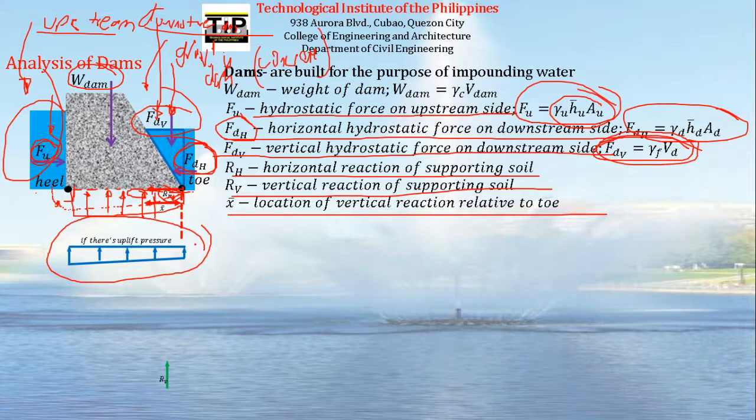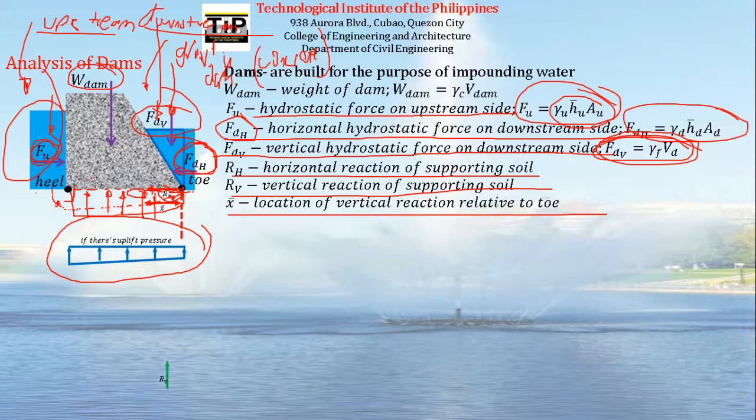So we also consider that in our calculation because some of the dams in the past failed because of this uplift pressure. They did not consider it in their calculation. So what happened was the dam overturned.